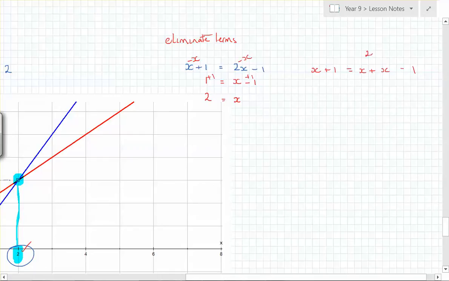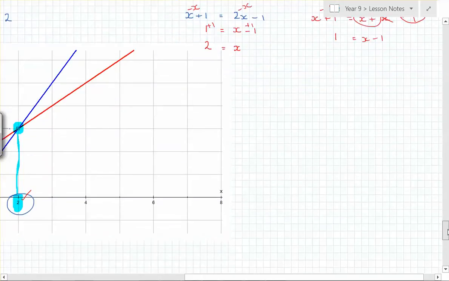If I subtract an x from this x, I end up with just the 1. If I've got x add x, take away an x, I'm left with 1x, not the 2, because that 2 means 2 times x. So I'm left on this side with an x minus 1.